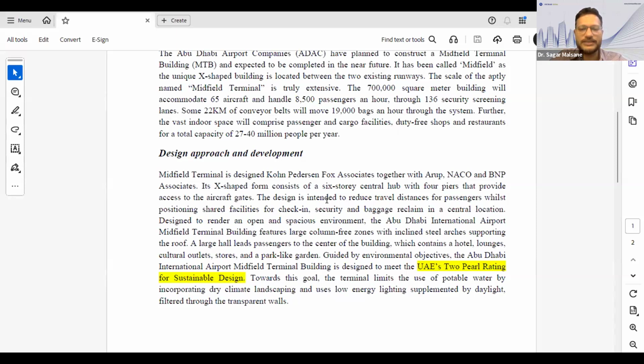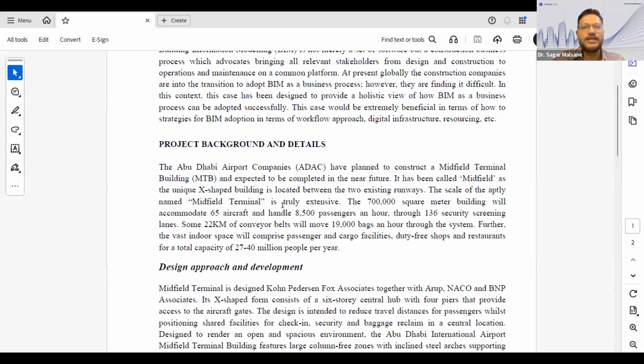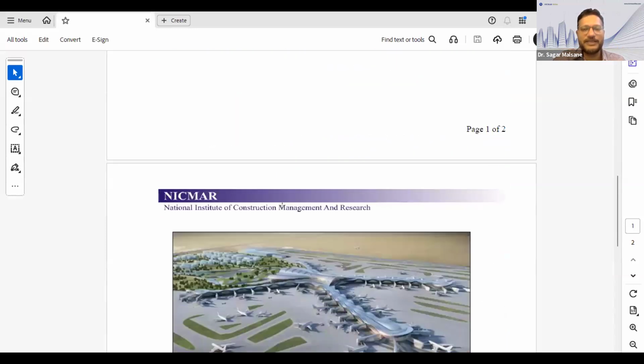Towards this goal, the terminal limits the use of potable water by incorporating dry climate landscaping and use of low energy lighting supplemented by daylight filtered through transparent walls, etc. So they were expected to deliver such initiatives.